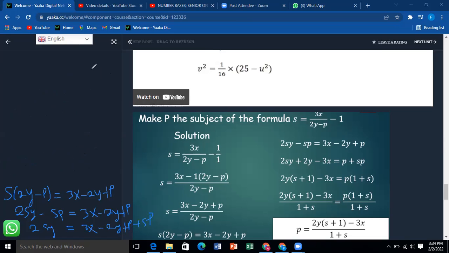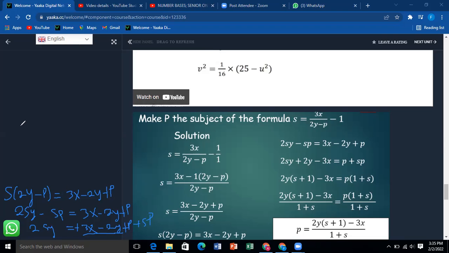So after transferring the terms in P to the other side, we as well transfer the terms not in P to the left-hand side now. So 3x is positive, so it is going to become negative after crossing the equal sign. Then 2y is negative. After crossing the equal sign, it will change to positive.